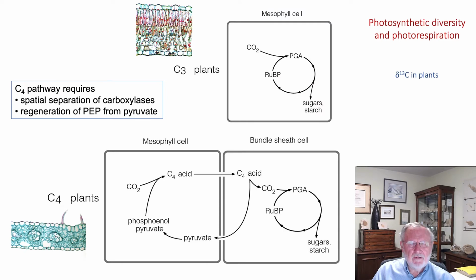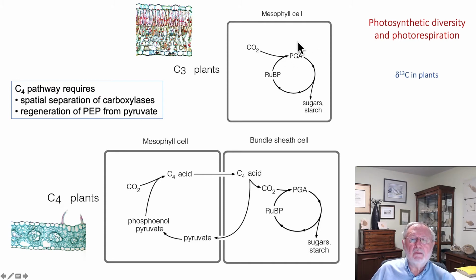So what is the difference between C3 plants and C4 plants? In C3 plants, CO2 comes into a plant. The substrate RuBP and CO2 are combined through an enzyme known as ribulose bisphosphate carboxylase, short term RuBP carboxylase, or Rubisco.